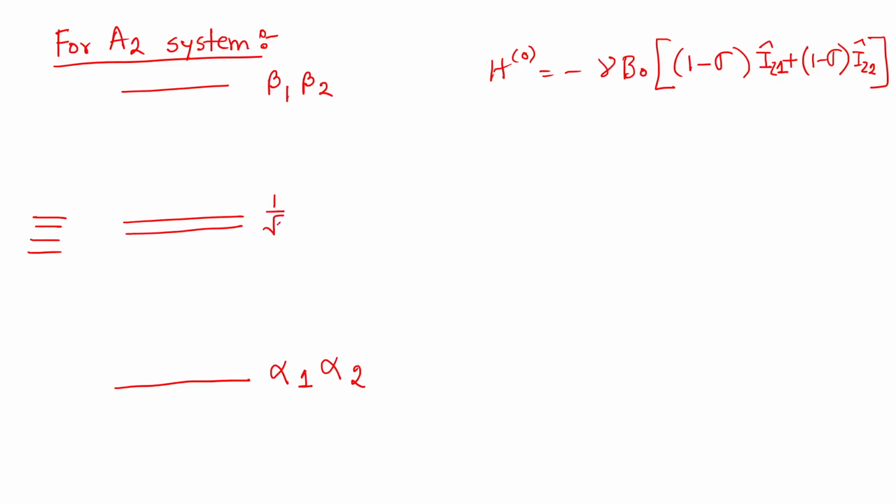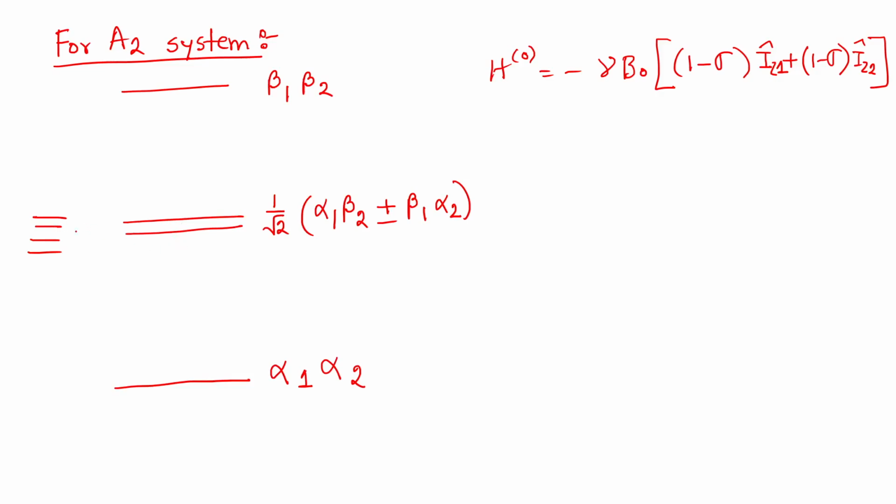So that's why you are going to write alpha 1 beta 2 minus, another possibility is beta 1 alpha 2, and plus or minus a linear combination. For the normalization condition, you are taking this 1 by root 2, which was not required earlier. And you can calculate the energies, and you will see the energy for these two are actually zero.